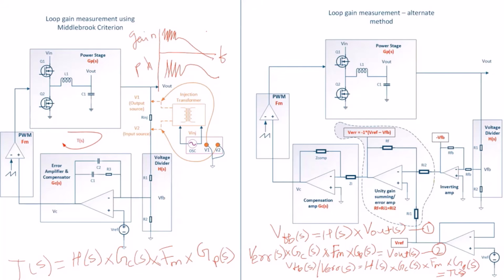And of course, this is same as what I obtain using the classical method. So in the next slide, let me show you how my power supply system looks like and explain how I'll be performing the loop gain measurement using this alternate method.